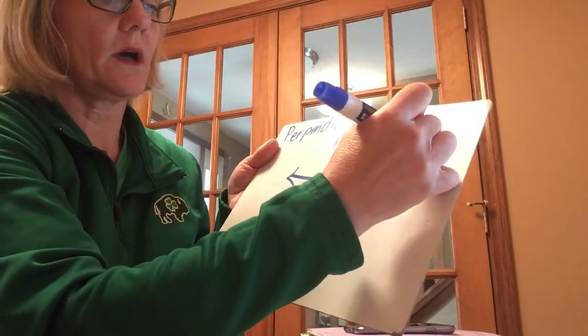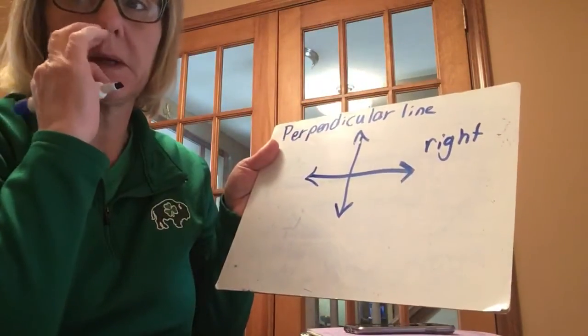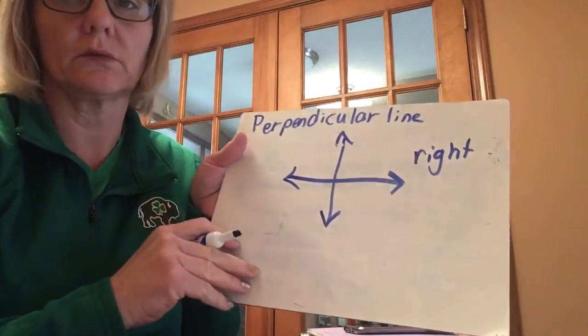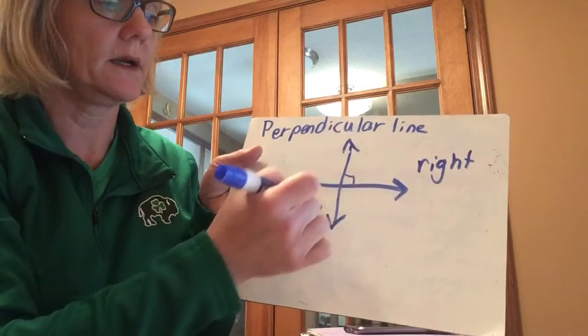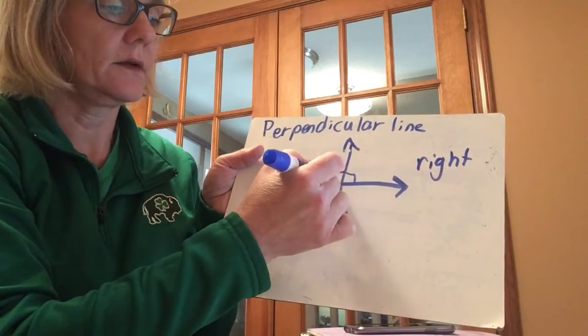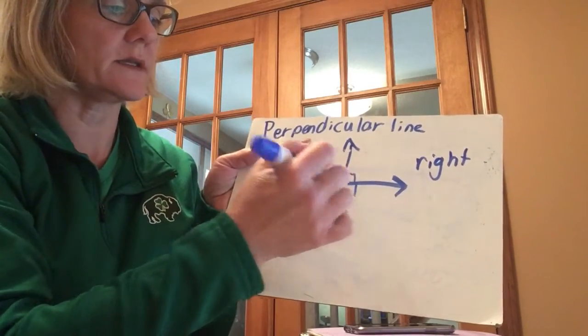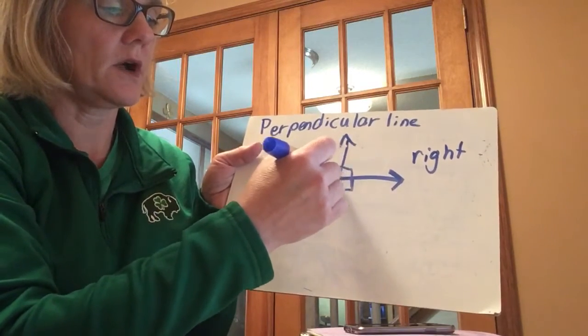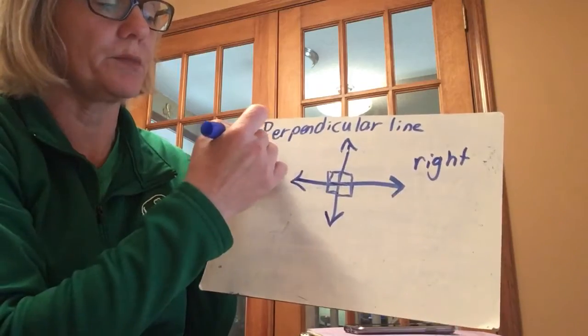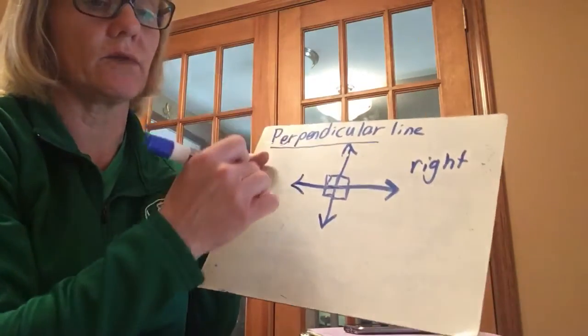When you think about angles, which we're going to talk about coming up soon, we're going to do different types of angles, but a right angle means 90 degrees right here. So there's a 90 degree angle around each. So it crosses almost like in a complete square here. That's where they're going to be perpendicular lines because it's at a right angle.